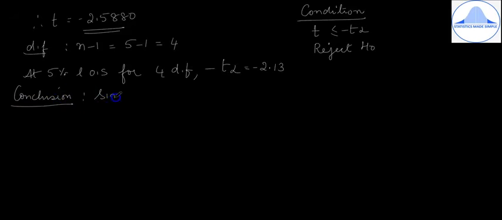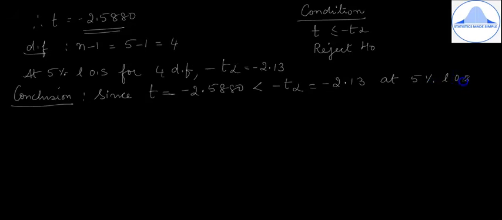So since t is equal to minus 2.5880, you have to check whether this value is less than minus 2.13. It is less than minus t alpha equal to minus 2.13 at 5% level of significance for 4 degrees of freedom.